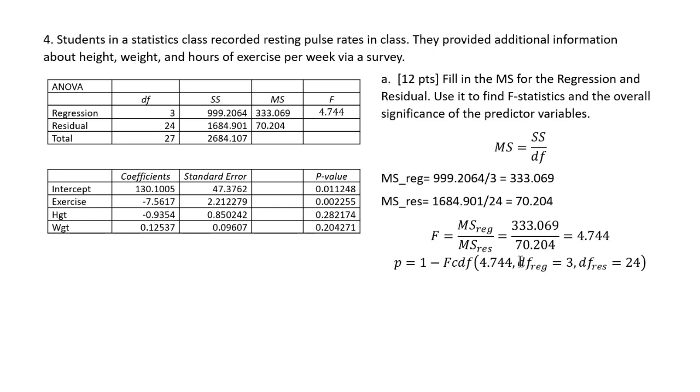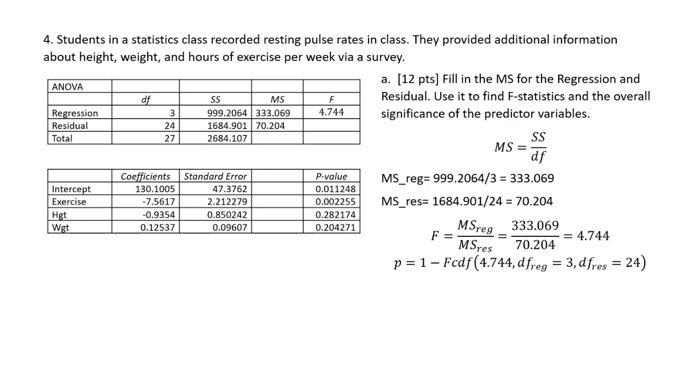And you put this number in, but F distribution requires 2 degrees of freedom, the degrees of freedom of the numerator and the degrees of freedom of the denominator. So you have to put those 2 numbers in, and those 2 numbers are just given here, 3 and 24.